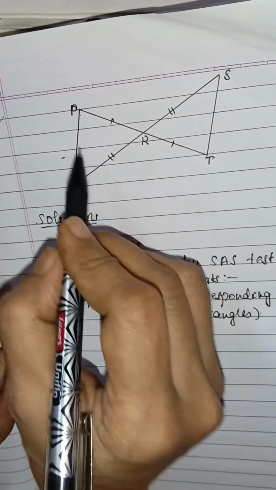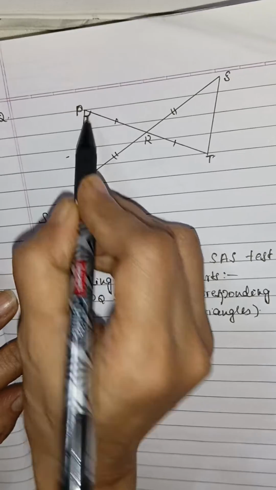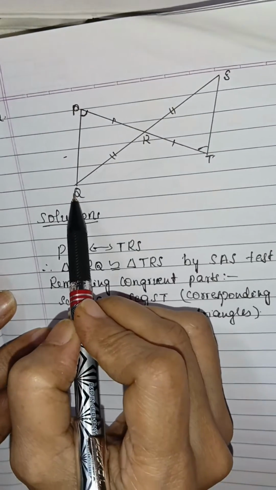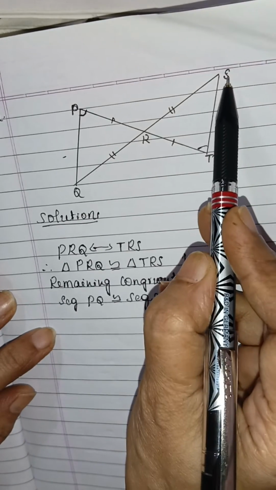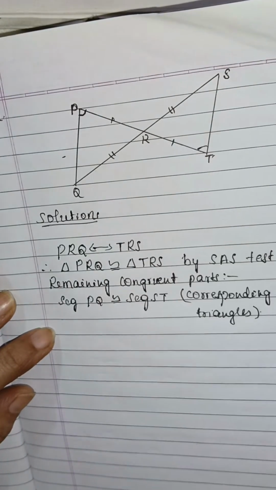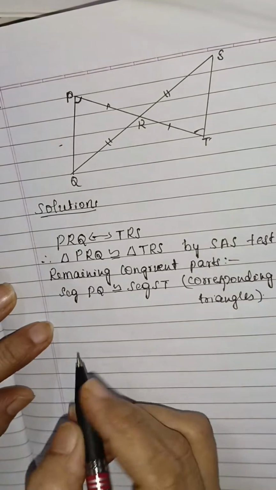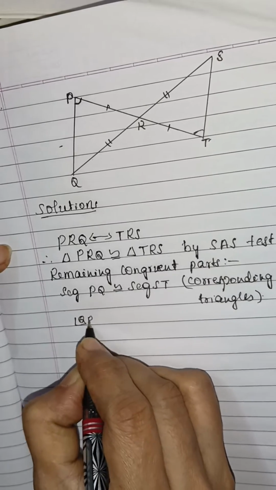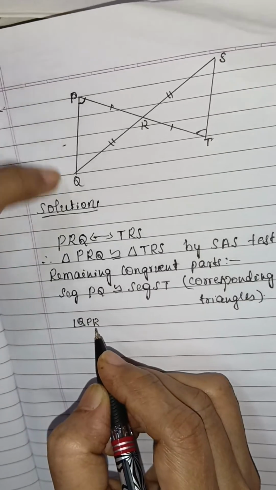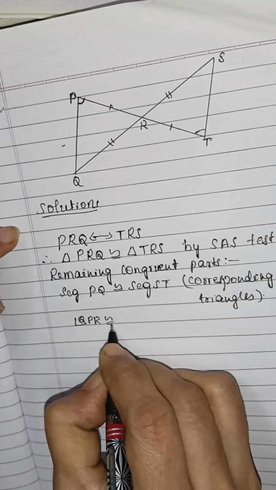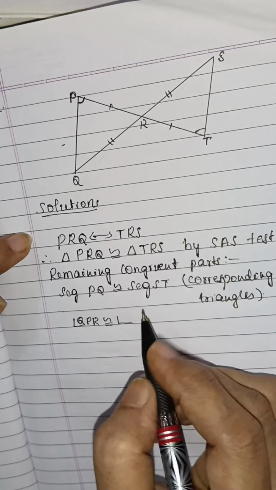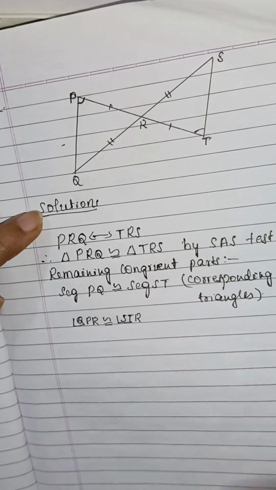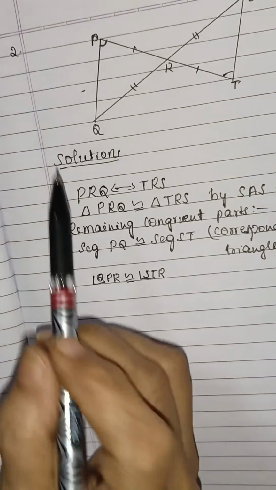This angle P is congruent to angle T, that is angle QPR is congruent to angle STR. And another one is angle PQR.